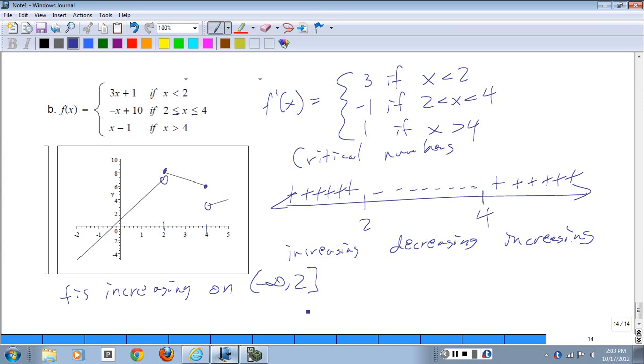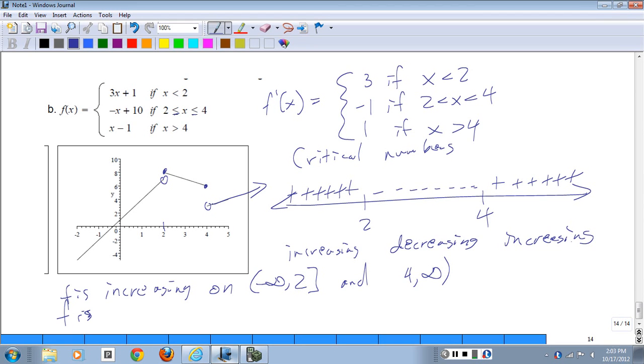I can include the 2. And can I include the 4 on this interval right here, where it's increasing? No, because it's a jump down to an interval where it's increasing. If it were down here, I would say yes, because it's going up from wherever that is. But from whatever f of 4 is, it's jumping down from that. So got to say no.